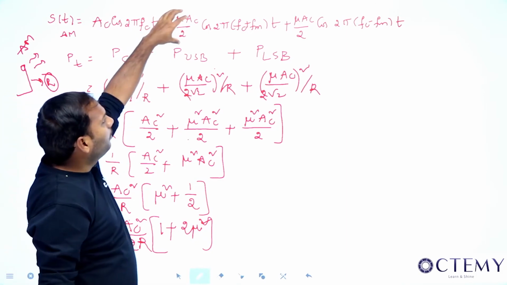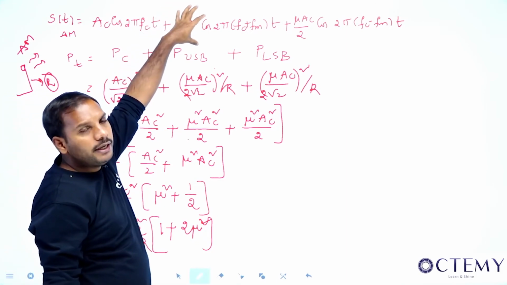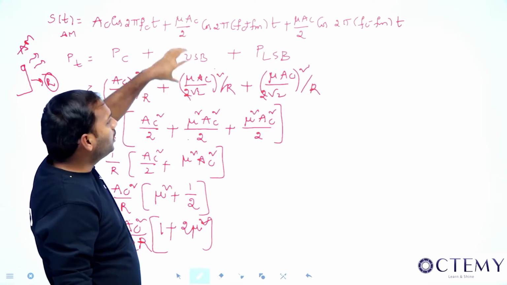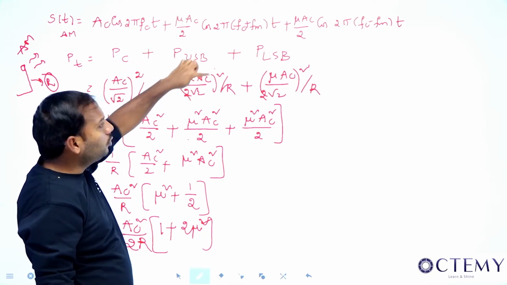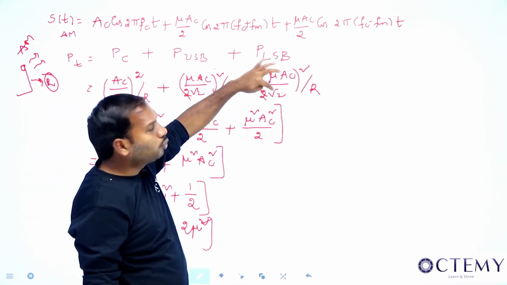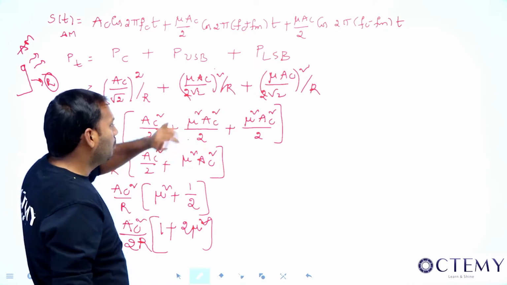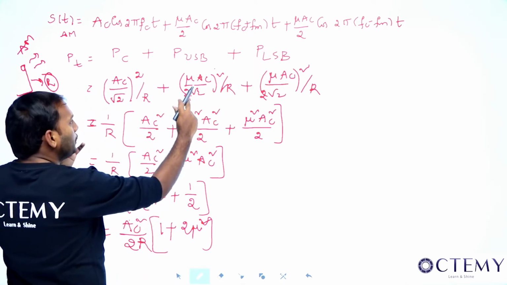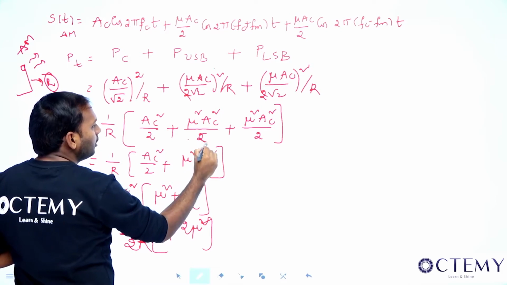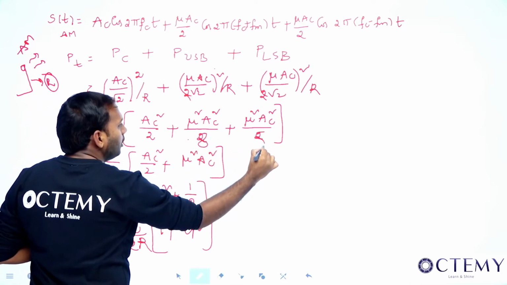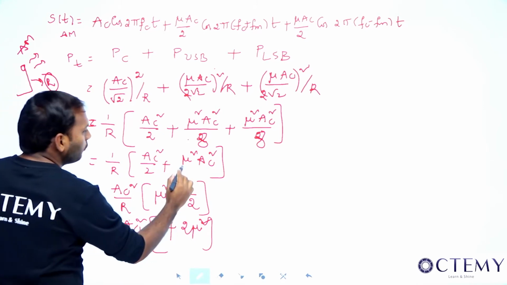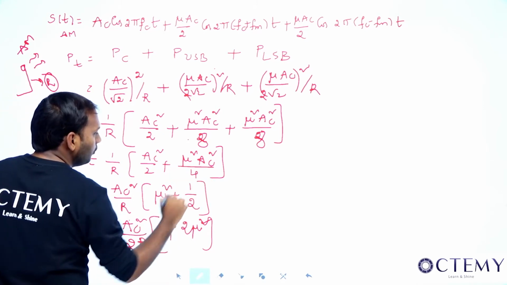Because the peak amplitude is mu Ac by 2, so mu Ac by 2 divided by root 2 whole square. Here also mu Ac by 2 root 2 whole square. Now here you are getting how much? 2 square is 4 and here you get 8, and here also 8. So the combination of these two is mu square Ac square by 4.